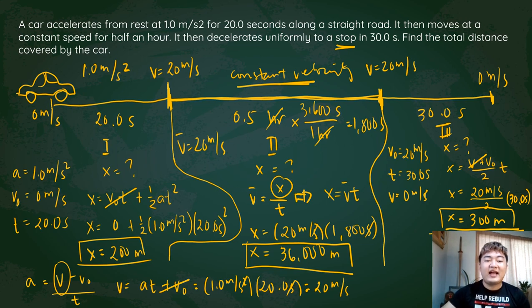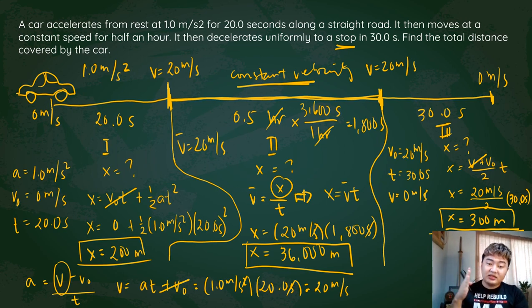But the question was find the total distance covered by the car. Of course, that will be from start to finish. So how do you solve for that? You just need to add the displacements or the distances in the three stages of the motion of the car. And that is 200 meters plus 36,000 meters plus 300 meters. And what will be the answer?